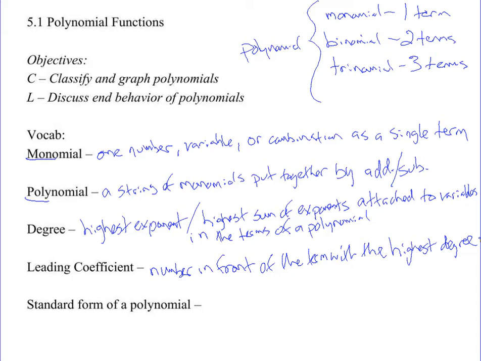Whichever term has the highest degree, the number in front of that term is the leading coefficient, even if it's not in the first position in the equation. Finally, standard form of a polynomial. We're going to be working with standard form of a polynomial a lot. All terms are written from highest degree to lowest degree.